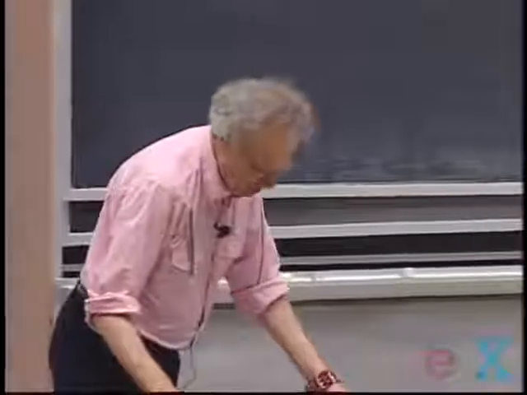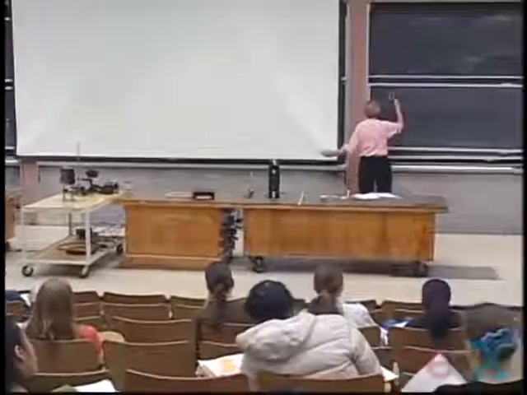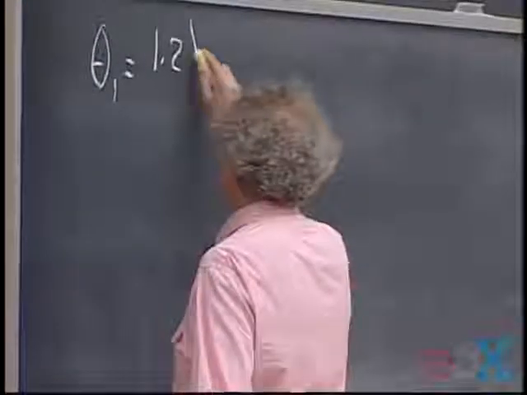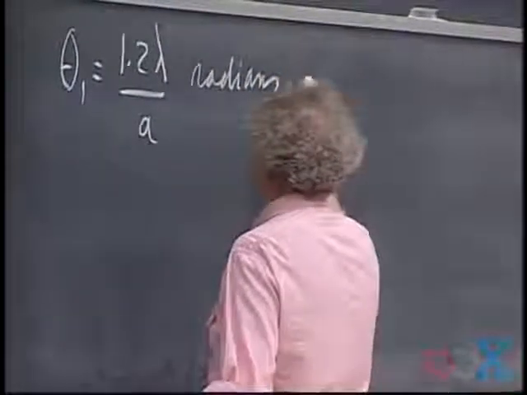In all cases, you are always stuck with the idea that, at best, that's the best you can ever do: the angular separation, theta 1, is 1.2 lambda divided by A, and that is then in radians.